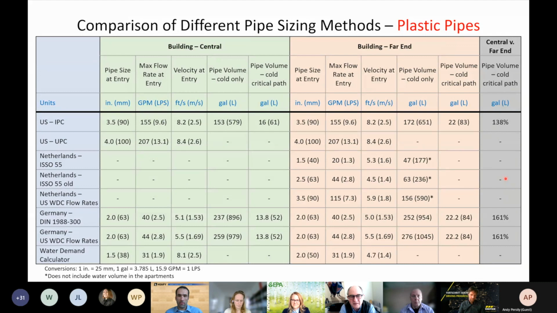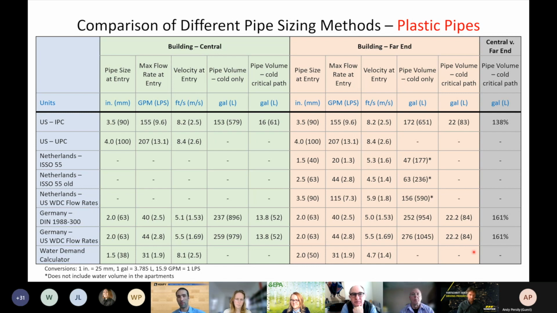Yeah, so you can see where his numbers are much lower on the building central than what we have in the IPC, and they're pretty similar on the far end, IPC versus his numbers. So by him doing it, you're losing more pressure, so his pipes are getting larger, and they're incrementing. As you get further away, they're getting larger, or needing to get larger to overcome the pressure loss.